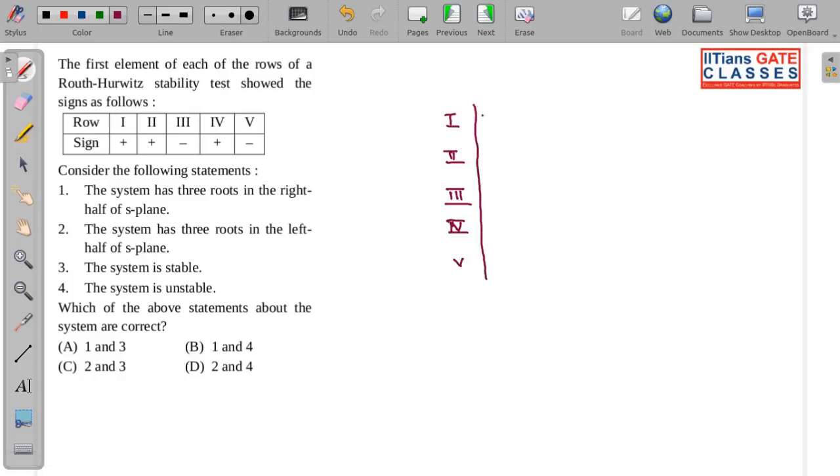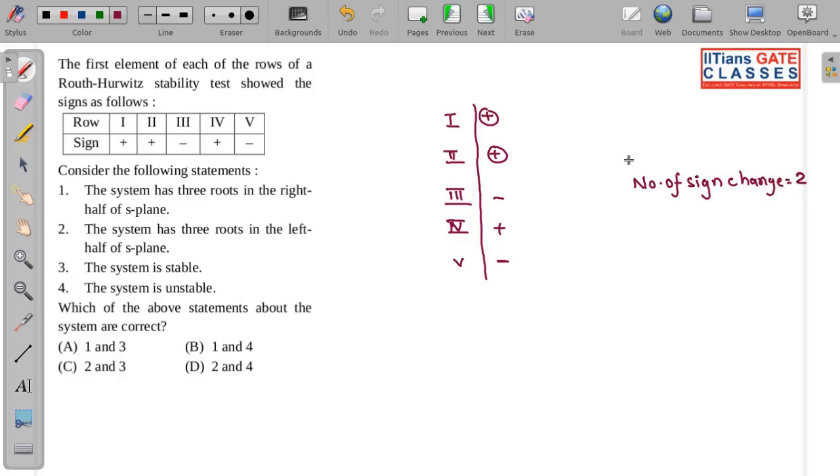Out of that, this is plus, plus, minus, plus, minus. So you can see over here the number of sign changes are how many? So the number of sign changes is equal to 2.